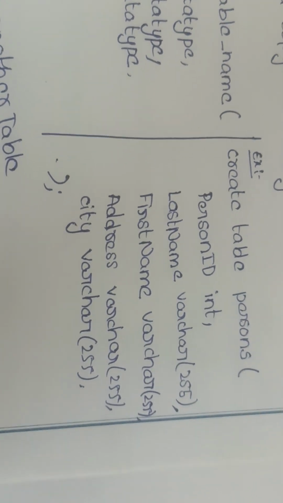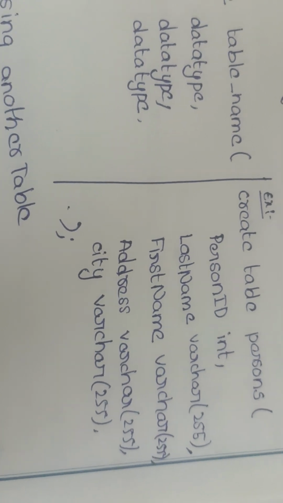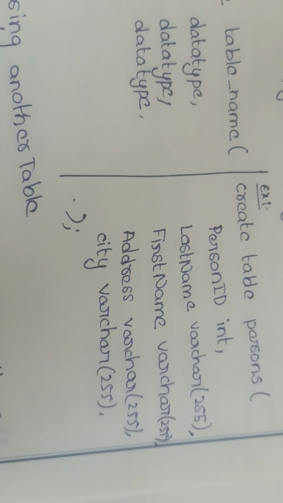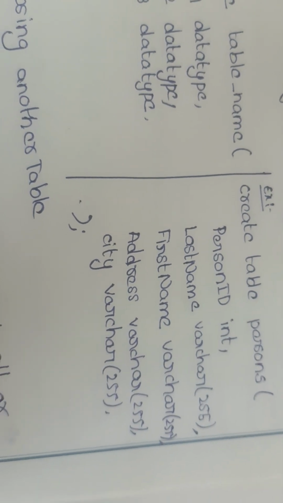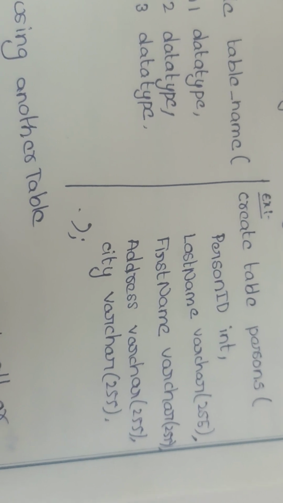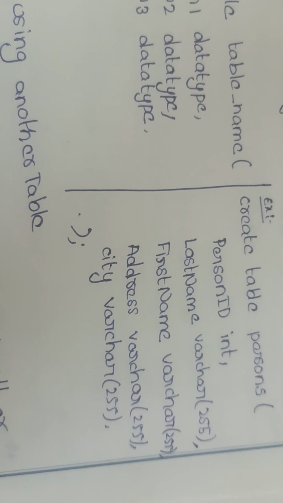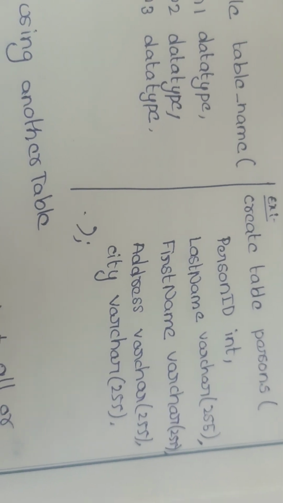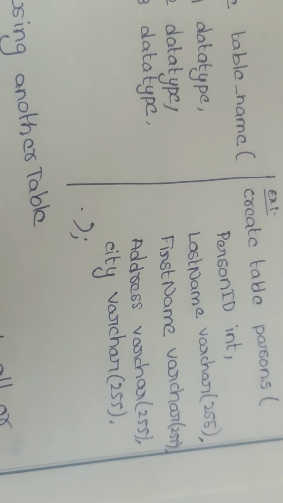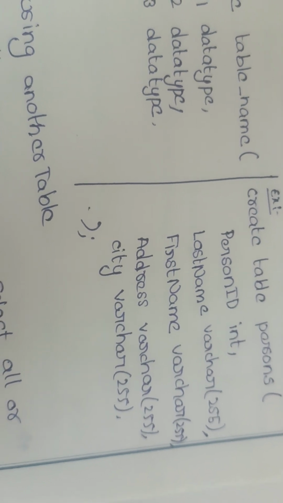From the syntax itself we understood, and now let us get more clarity about creating a table. CREATE TABLE Persons. Here we are creating a table named Persons, and we are giving column names as PersonID, which is of data type int, LastName varchar, and here we should mention the size of that varchar.